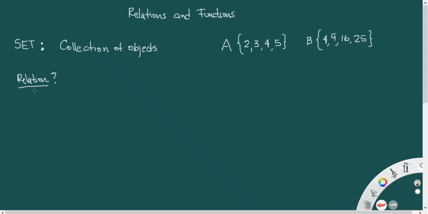So the relation is defined as some kind of rule that we need to define or find in order to satisfy a pattern between any given values. One of the simplest examples of a relation or a rule is, let's say, the Cartesian product.